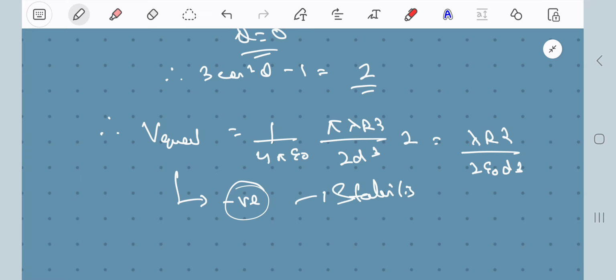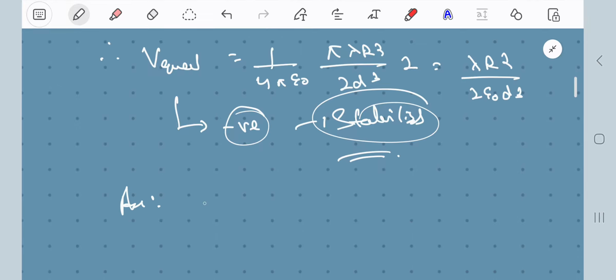But the quadrupole potential has a sign of negative. That is something which you require, okay? So your answer should be minus lambda r cube over, am I doing anything wrong? Wait a minute. Yeah, so let me get back to the problem.